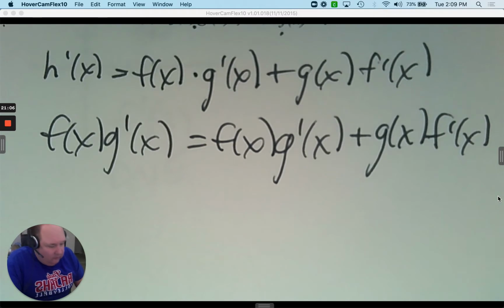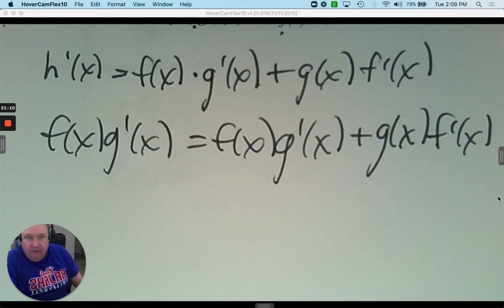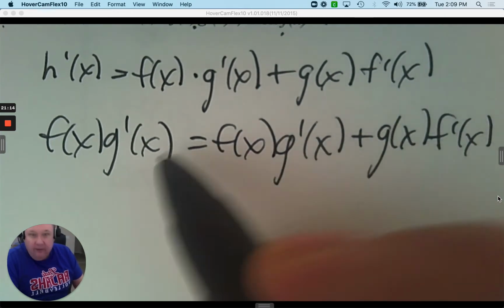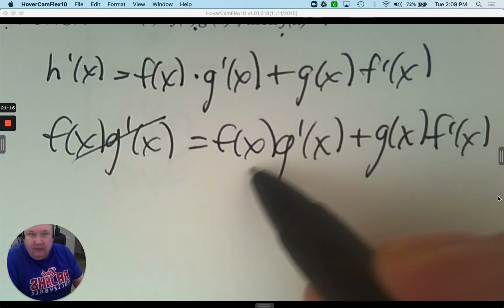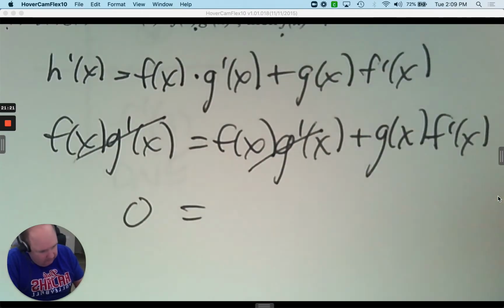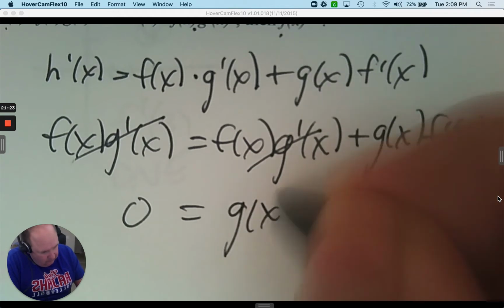And then it says, what does f at x equal in terms of that? So do you notice that the left side and the right side can eliminate? This is what I get.